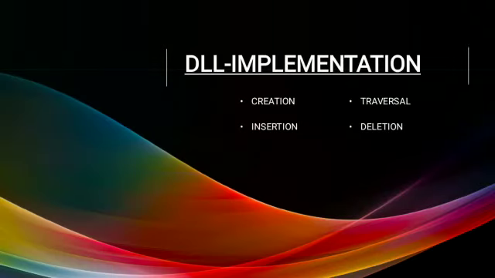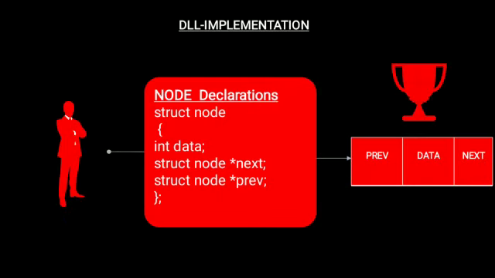Now let's see the implementation detail of doubly linked list. First we define the structure of one node. Here the node is represented by using the structure concept. In structure concept, we use one keyword called struct, which is used to define the structure.